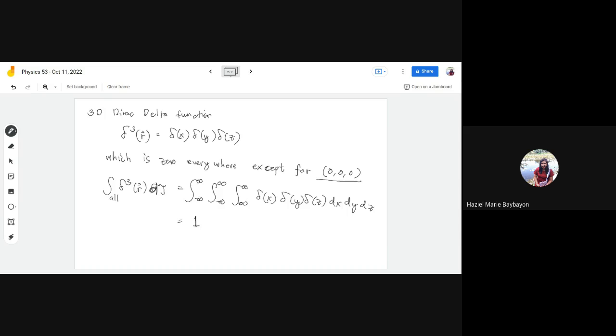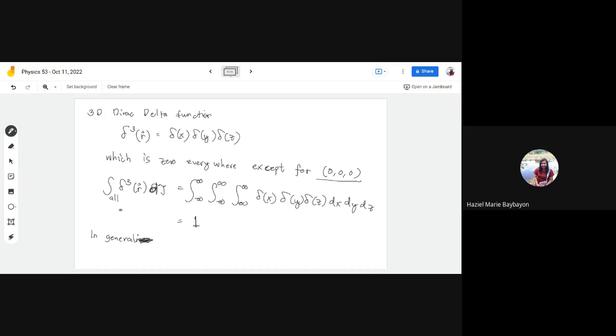Okay, so in general, if you have a three-dimensional function, we can generalize it. Earlier, that was one-dimensional, no?